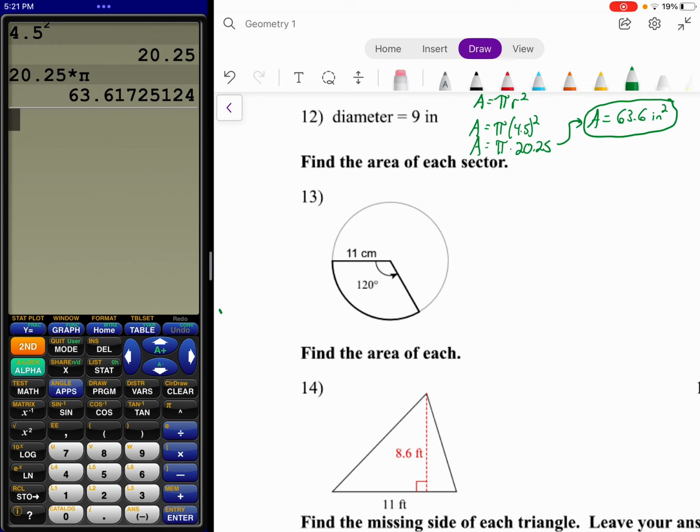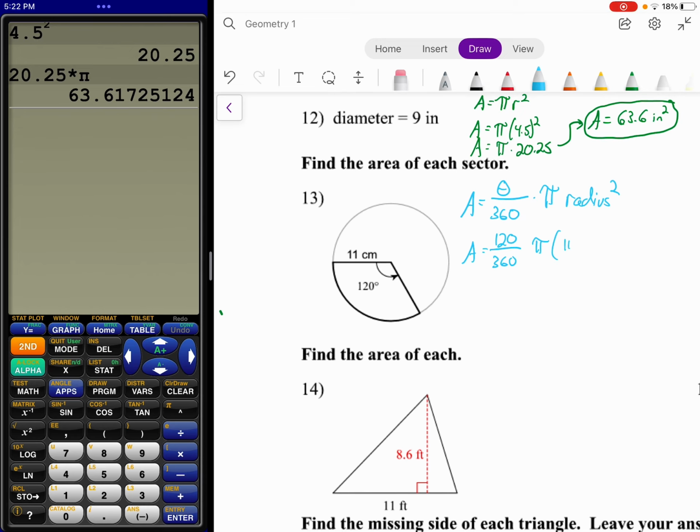This 120 is indicating this angle is 120 degrees, so the area of this sector, just rewrite the formula here, theta over 360 times pi times the radius squared. Well, that's 120 over 360 times pi times the radius, which is 11, squared.